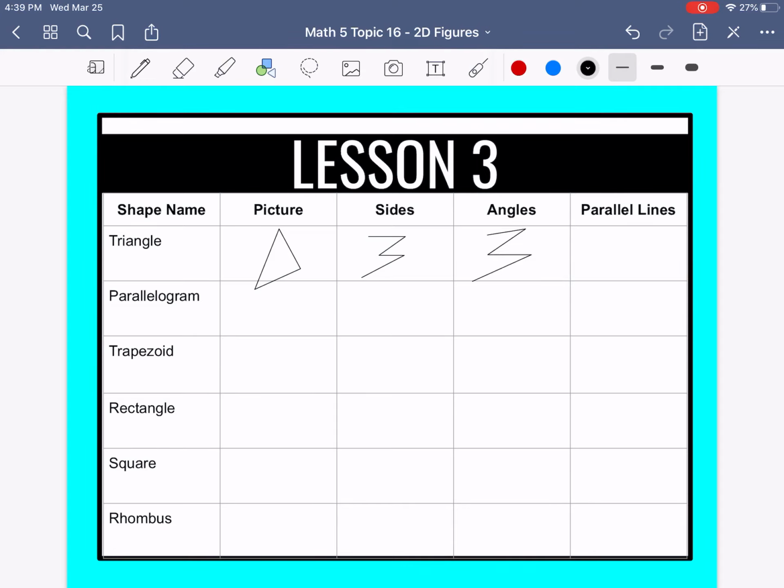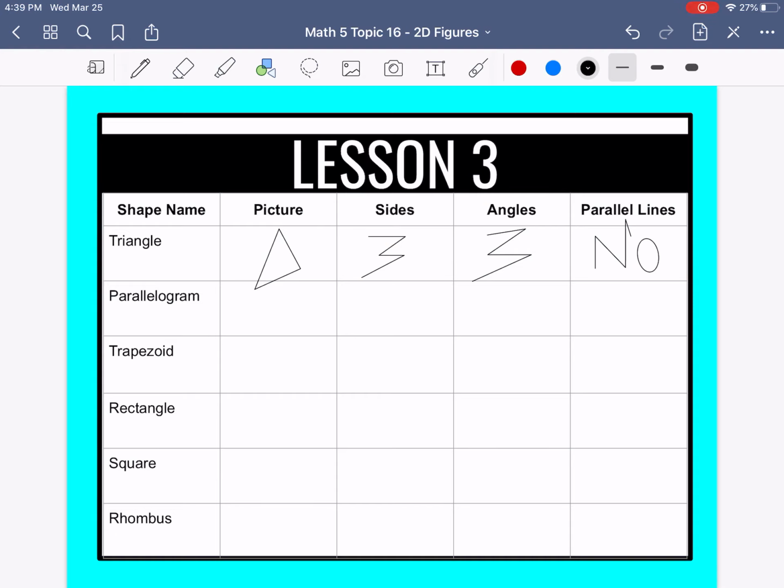Are there any parallel lines? No, there aren't, because there's nothing that's not intersecting each other. So I'm going to write no, and I'm not very good at this, and my stylus has not shown up yet. Okay, the next one we're going to look at is our parallelogram.